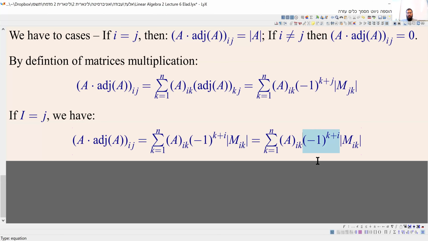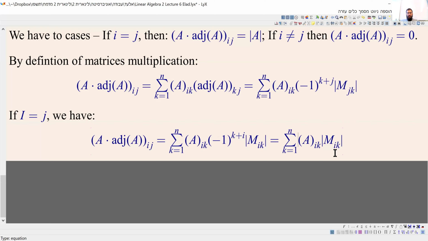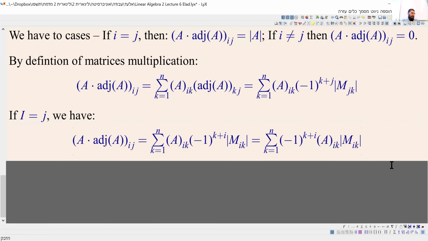One can change the order of the elements in the multiplication. And what do we have here? It's our nice formula for the determinant.